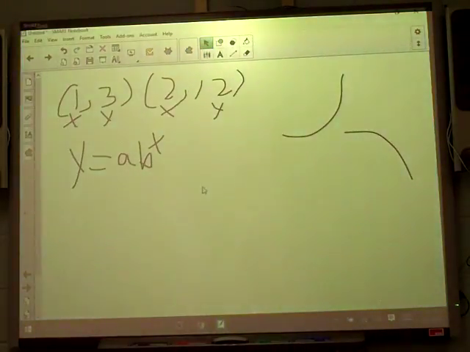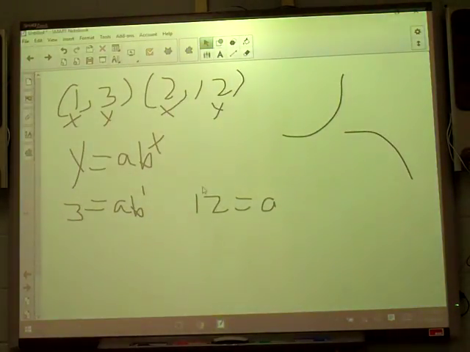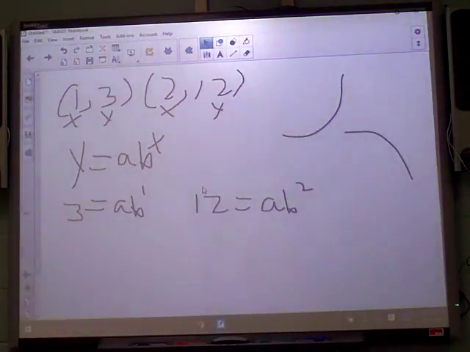So I'm going to start by saying 3 equals ab to the first. There's one new equation, plugging that first ordered pair in. Then I'm going to say 12 equals ab to the second. There I use my other point. I just plug those in the y and x spot. Everybody all right so far? Just plug those in.